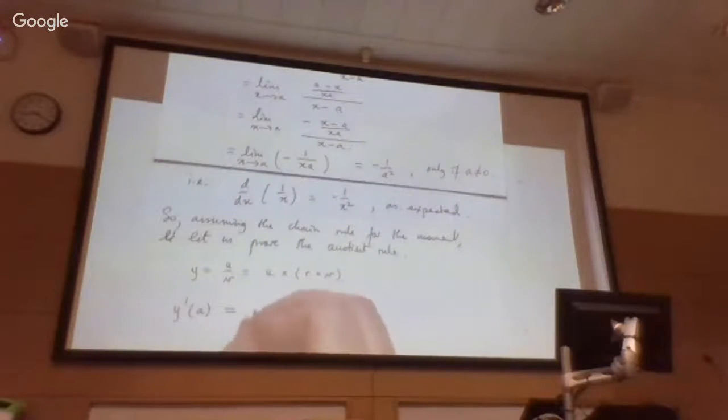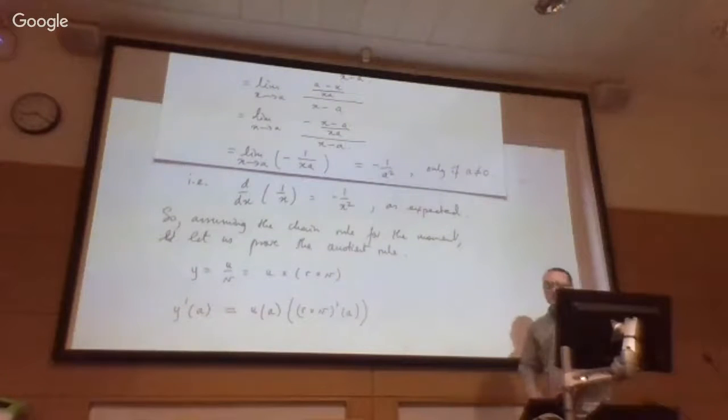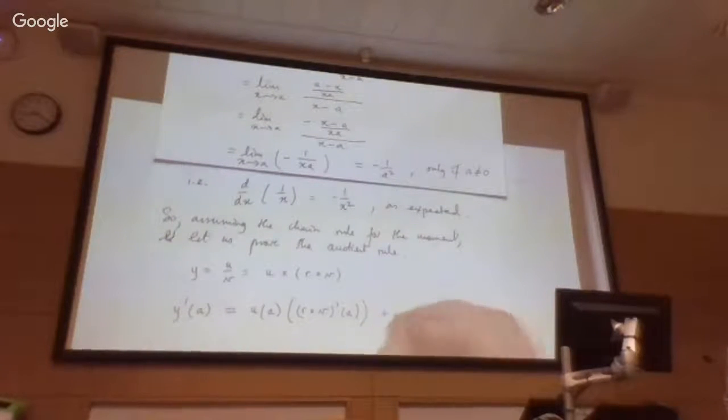It's going to be u of a multiplied by the derivative of the other function at a, plus the other function r composed with v applied to a, and the product of that with the derivative of u. The derivative of u evaluated at a. So that line is just the product rule.